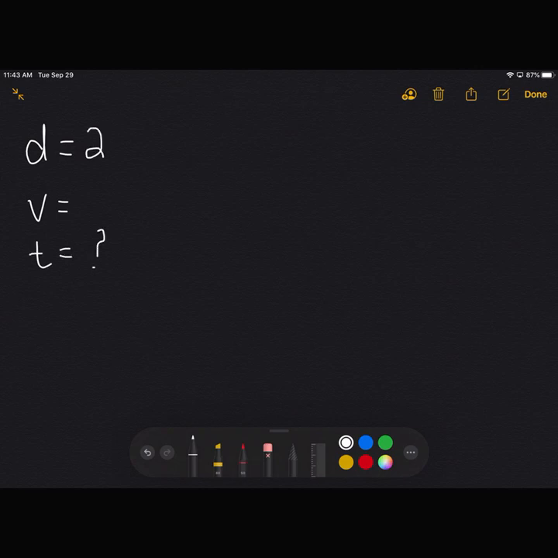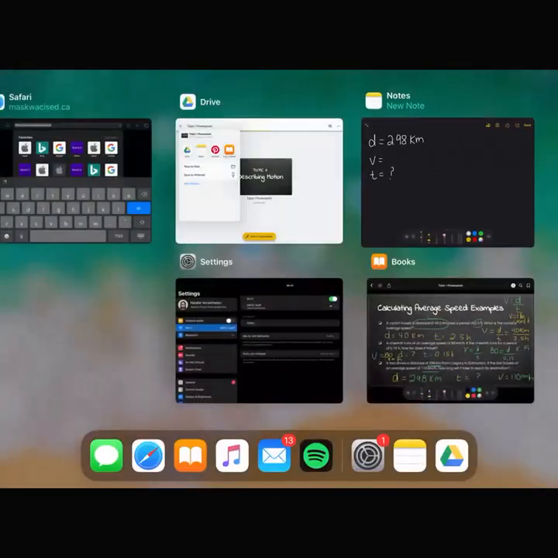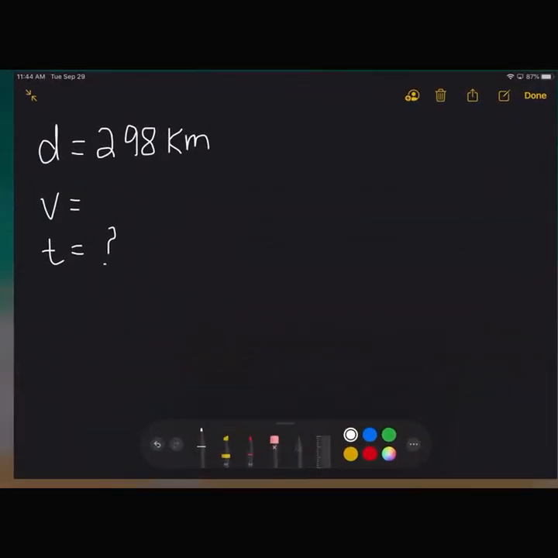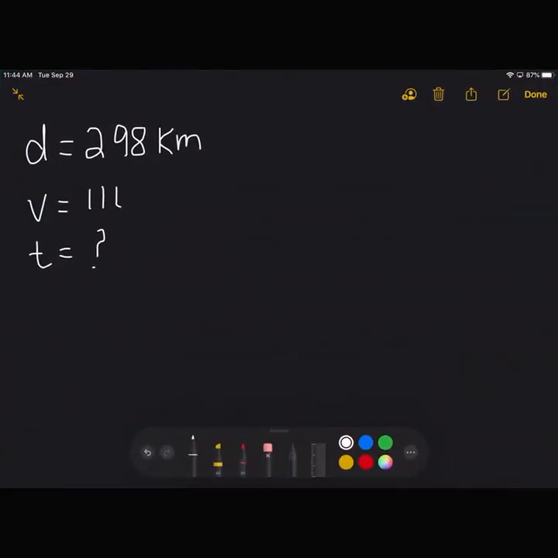Our distance is 298 kilometers, and our velocity is, sorry, I forget already, 110 kilometers an hour. So a taxi is going 110 kilometers an hour. That's good because that's the speed limit on the highway between Calgary and Edmonton. So they're not going too fast.